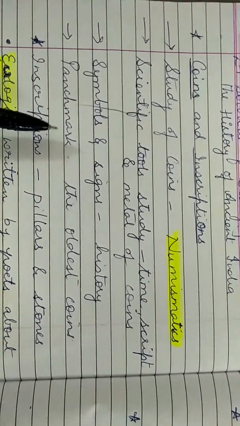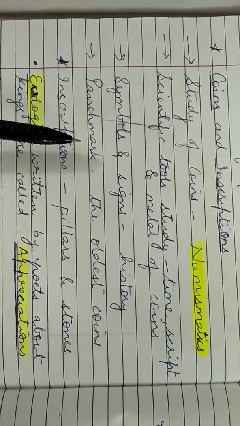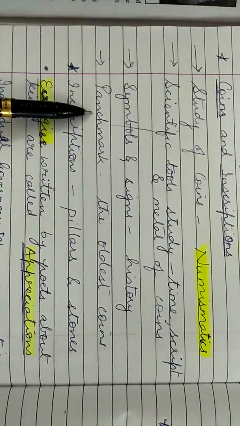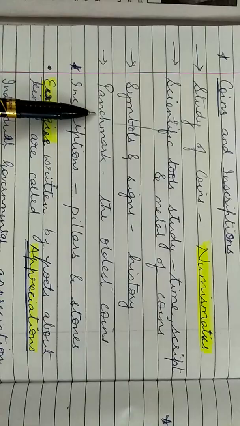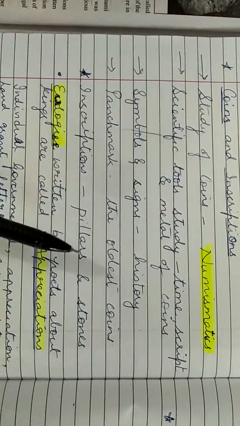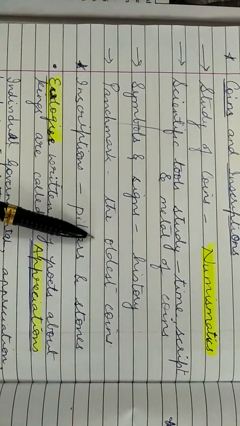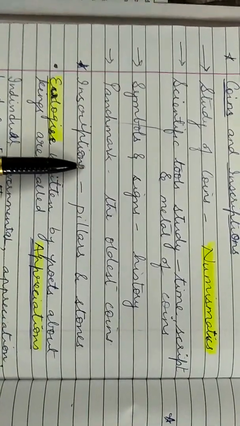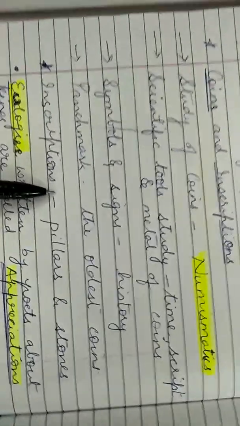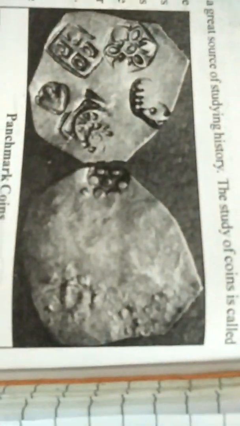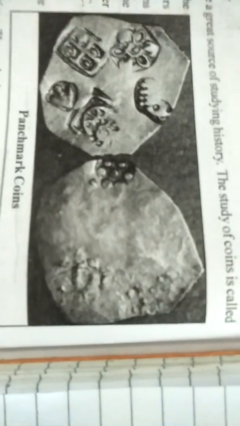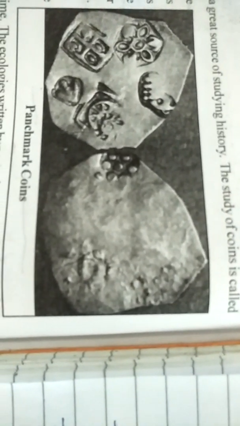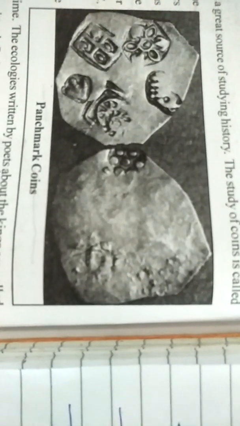It has been found that these coins were made during the 5th century BC. Most of the coins were of different shapes and sizes. In your textbook also, you may see the picture of punch mark coins. They are different in shapes and signs.